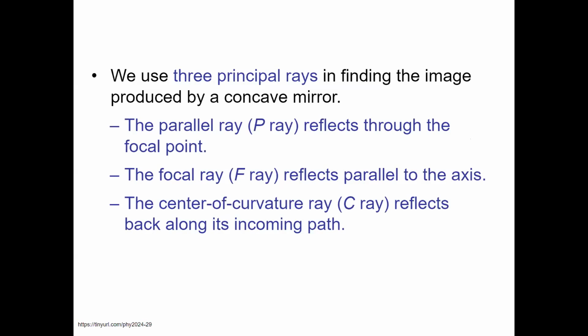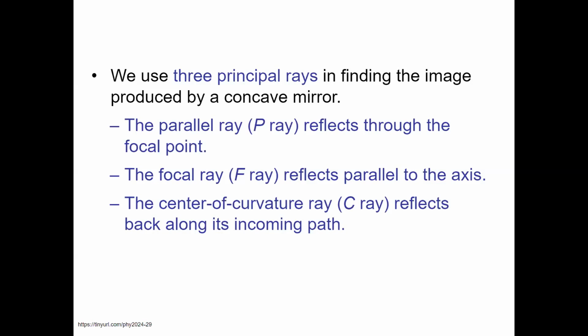There are 3 principal rays you can use to find the image produced by a concave mirror. The parallel ray, which is parallel to the principal axis, will reflect through the focal point, because all parallel rays will meet at the focal point.